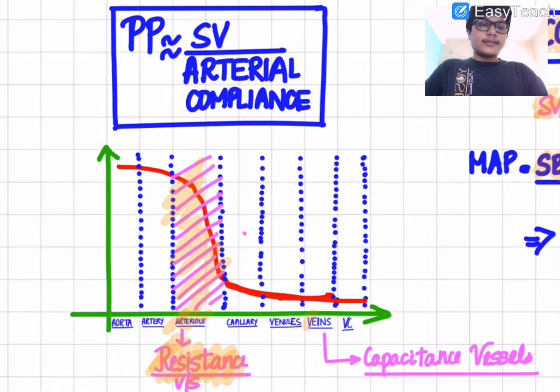However, there is one more terminology which you should remember, that is the veins and the vena cava. They are known as capacitance vessels because they can hold a large amount of blood inside them. They can dilate to a large degree and they can hold a large amount of blood in them. So arterioles are known as resistance vessels, and vena cava and the veins are known as capacitance vessels.